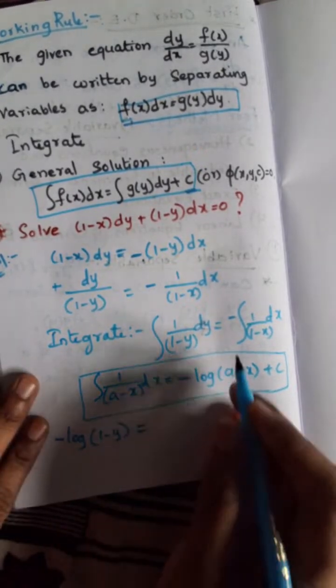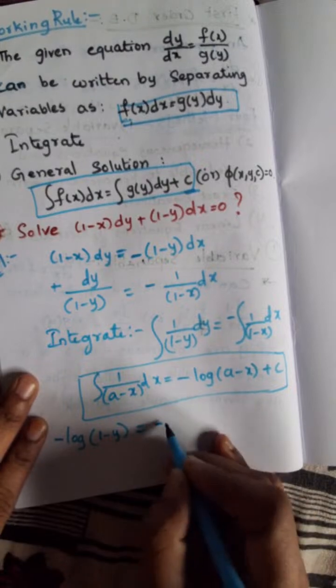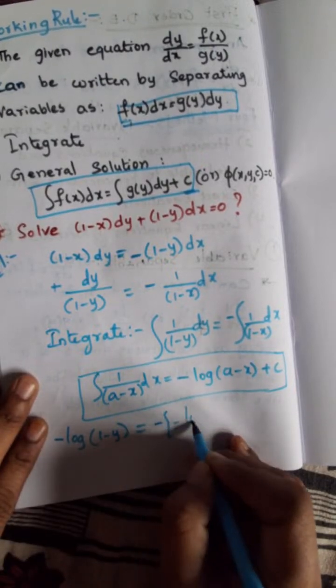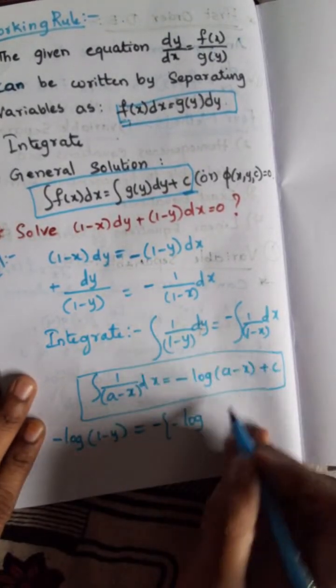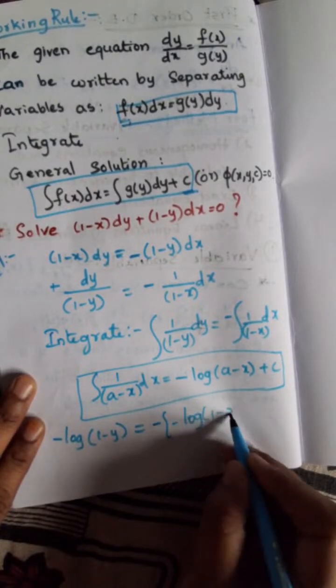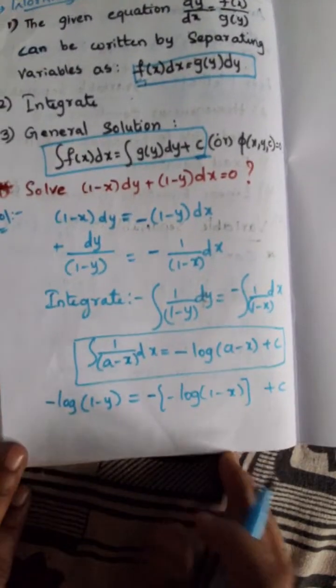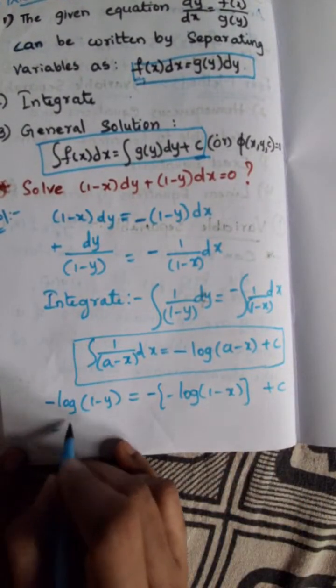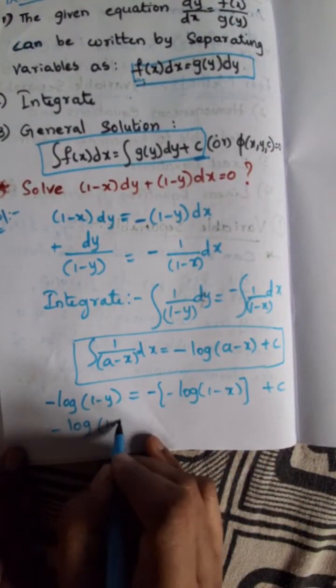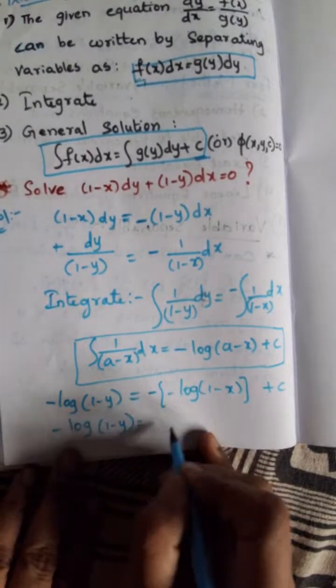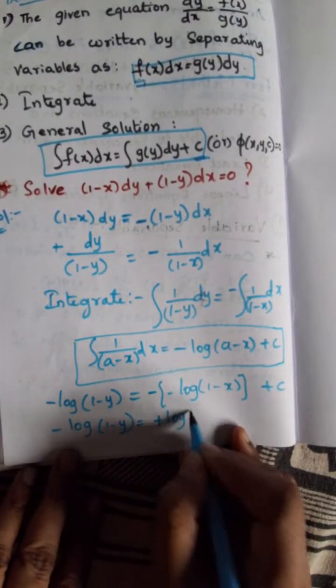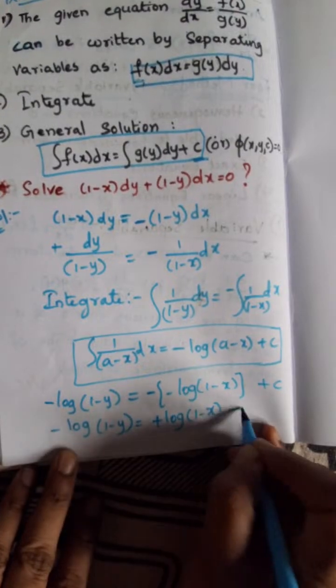Here, minus is already there, minus of log 1 minus x is there, so 1 minus x plus c. Okay, constant is c, so minus of log 1 minus y equals minus of minus plus log 1 minus x plus c.